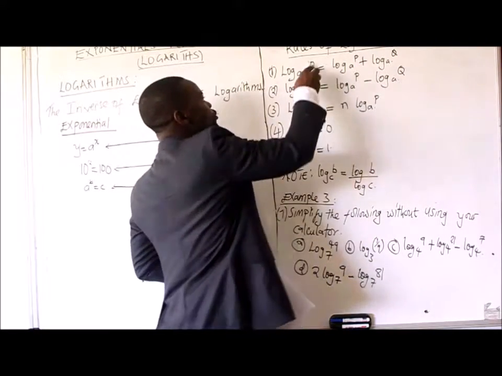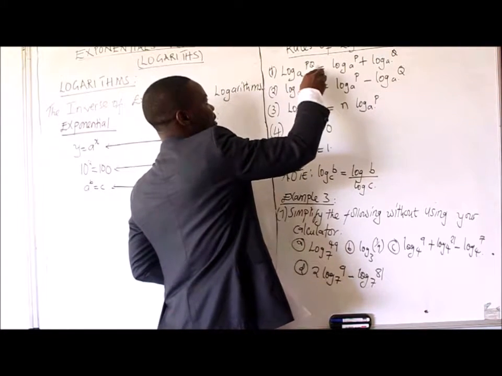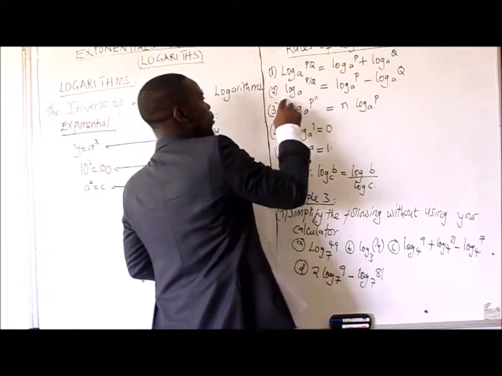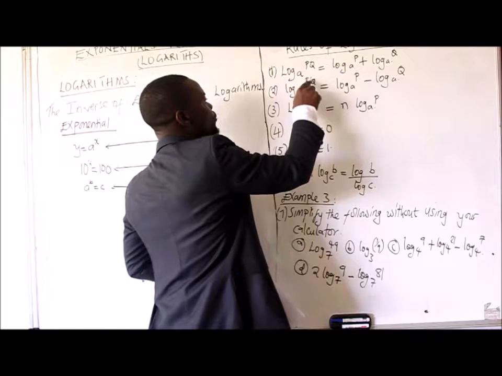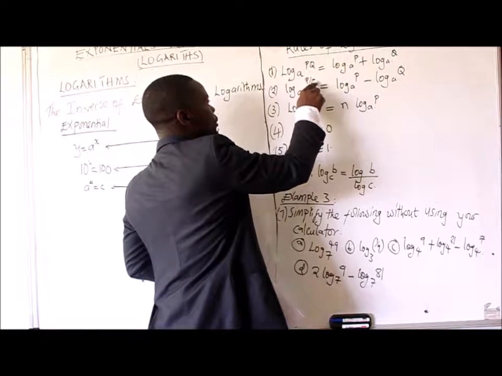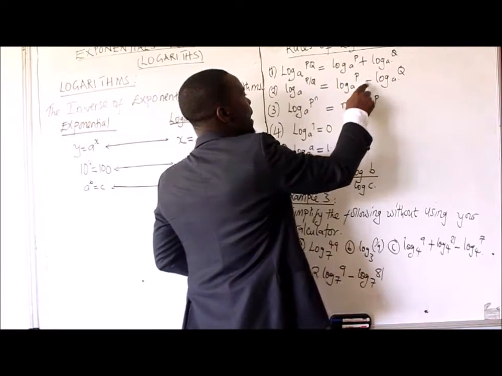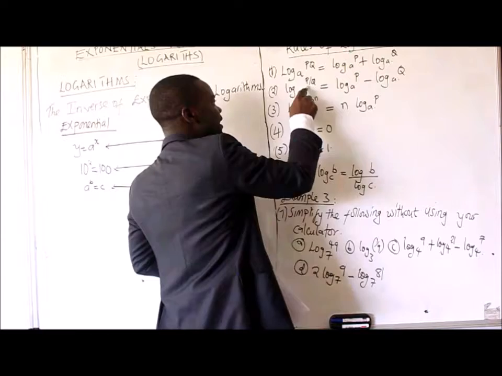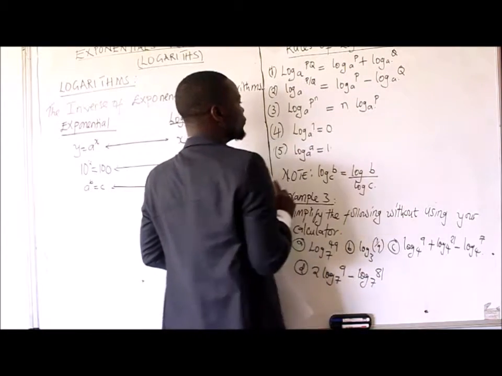Meaning that when you have a log of a product, it's the same as the addition when you separate those. Rule 2 says log of p over q base a is the same as log of p base a minus log of q base a. When you are dividing, make sure that you put a minus here.